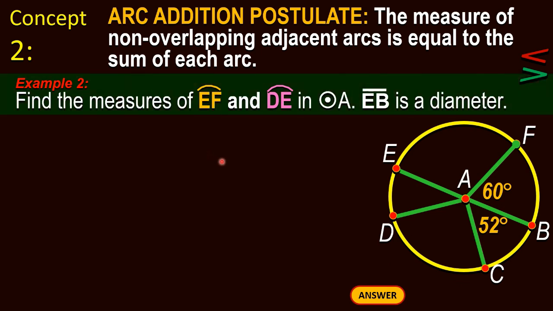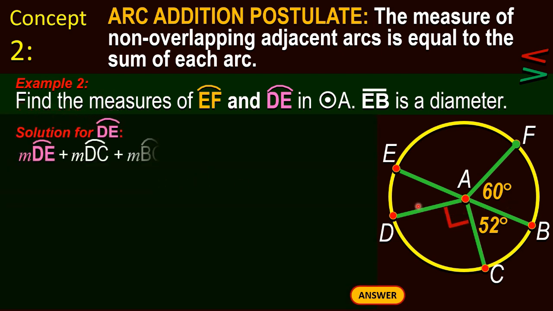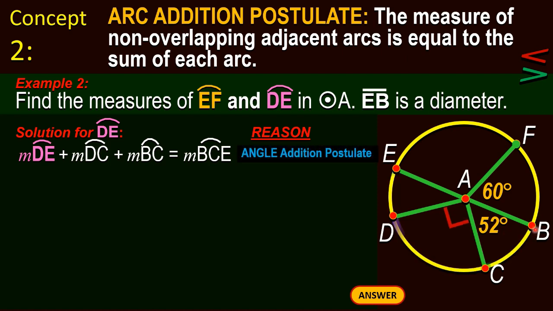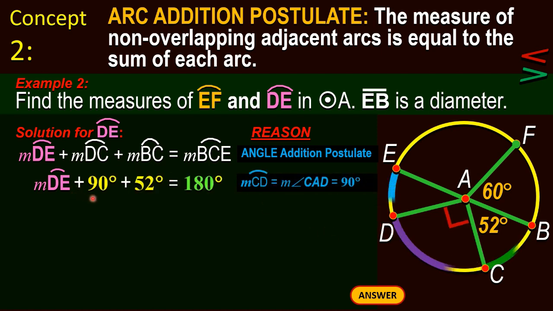Ngayon naman, isolve natin ang arc DE. Ano ba ang measure ng arc DE? So arc DE plus arc DC plus arc BC is equal to the measure of arc BCE. So, ang arc DC natin ay equal sa 90 degrees.